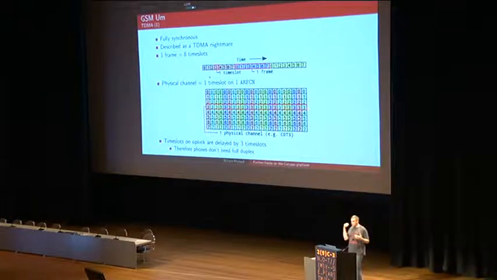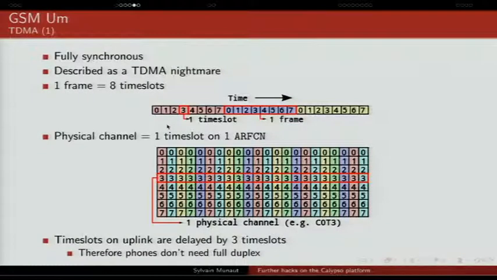So you got time slot 0, time slot 1, and so forth, and then they just repeat itself. And this is the first layer of time domain multiplex, where each time slot is actually completely independent to the other. Each of them represents what's called a physical channel on GSM.